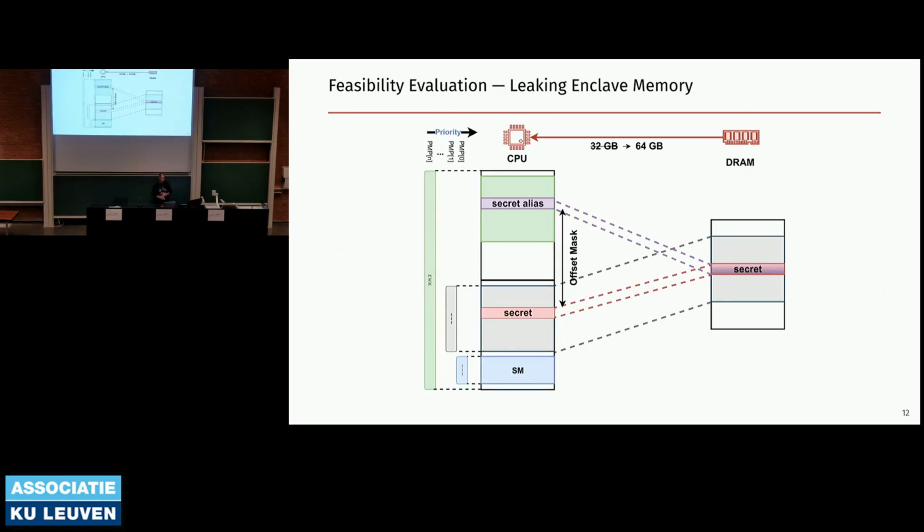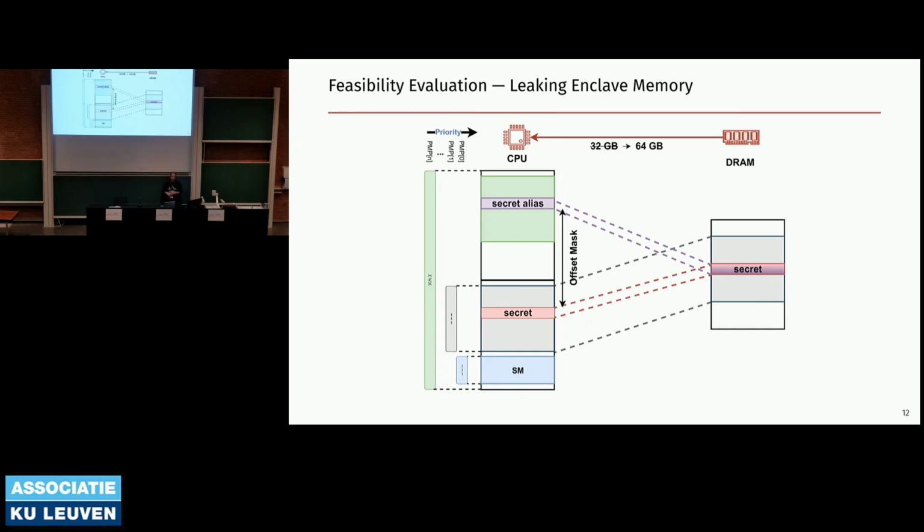So here is an example of just creating an enclave, shown in gray, and it's isolated using PMP. So the memory of the enclave is isolated from, for example, other processes and the security monitor and so on. And there we can have, for example, a secret that maps to memory.